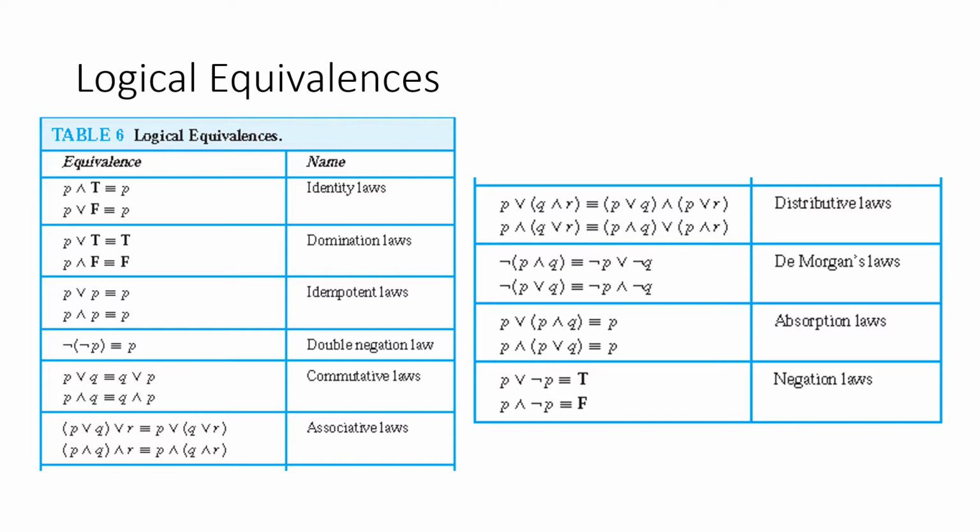Or you could also have P and Q, and R, which is logically equivalent to P and the quantity Q and R.